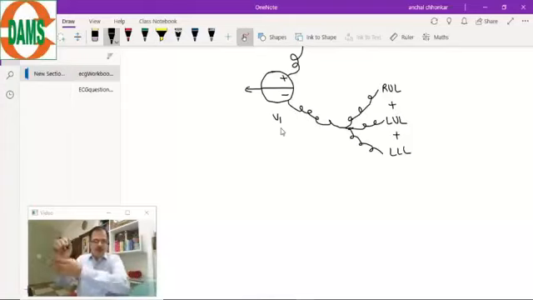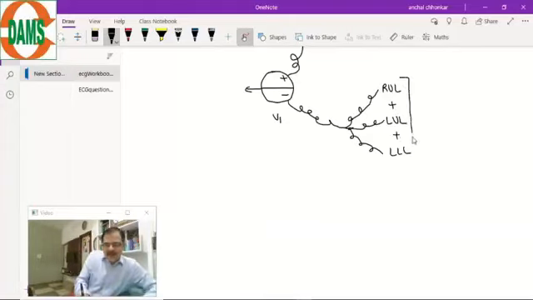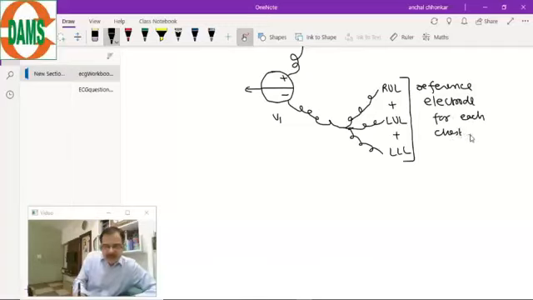So from all the three limbs, wire will come and get connected into the negative pole, and this reference electrode, this is the reference electrode for each chest lead.